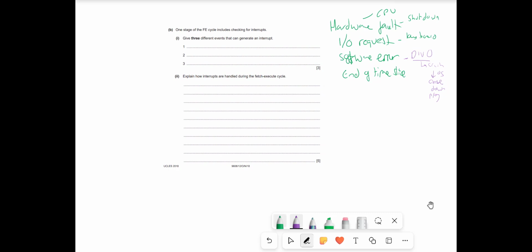We then have time slice. Basically, in your computer, let's imagine that this was a job queue. All of these things I've got open: Spotify, where I'm playing music, recording software, because I'm recording a video, this whiteboard software, Google Chrome, and also Discord.